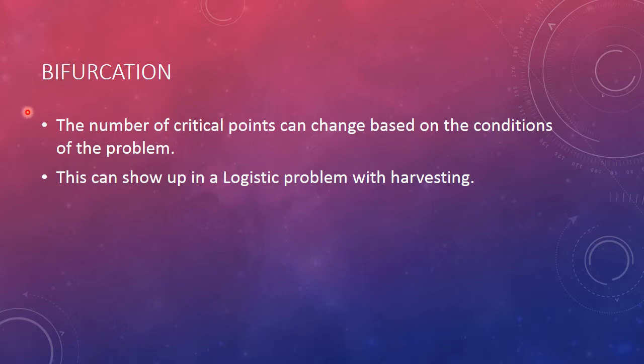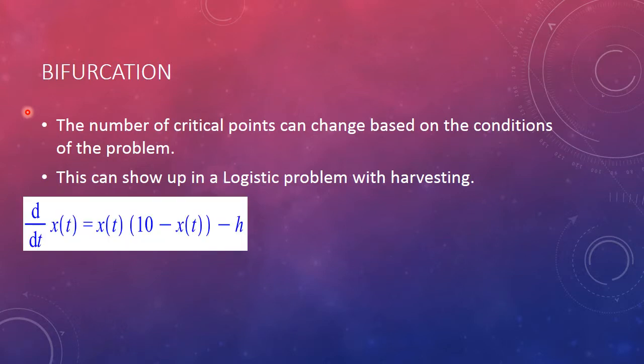Now, basically what bifurcation is, is that the number of critical points change based on the conditions of the problem, and this usually shows up in a logistic problem with harvesting. So you're trying to predict the population of, say, fish that would be in a lake, but there's a certain amount of fish that would be harvested throughout the whole time period.